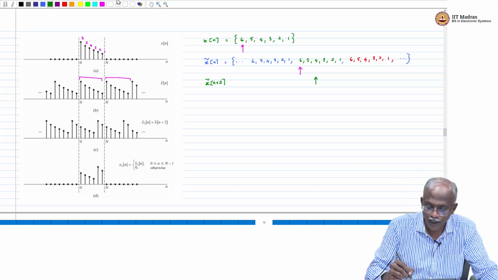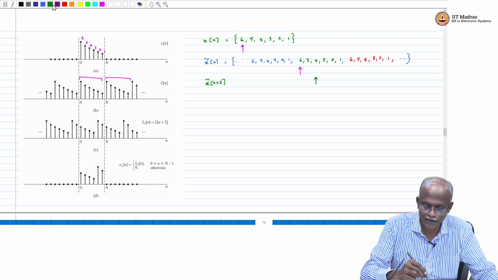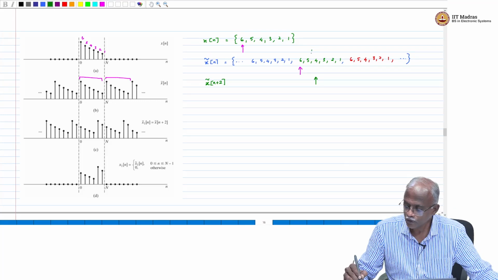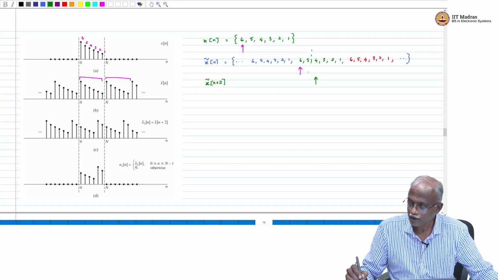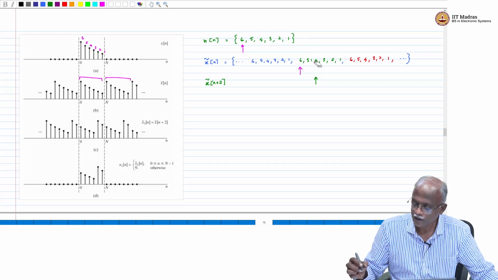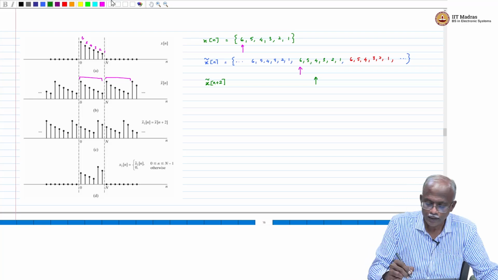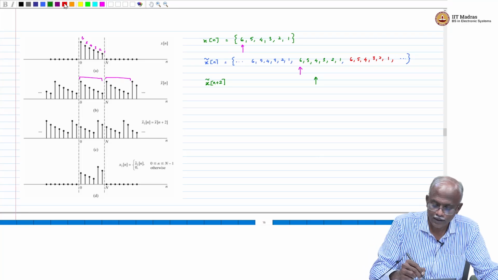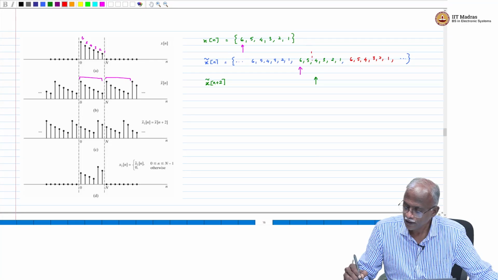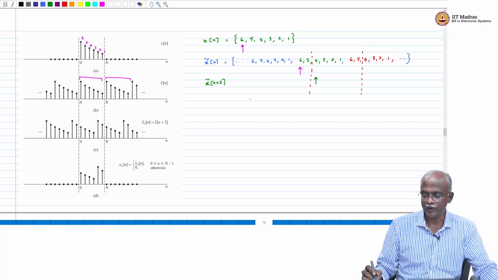So if you now draw a boundary of 6 samples, let me use red as the boundary. You will now have the following sequence.